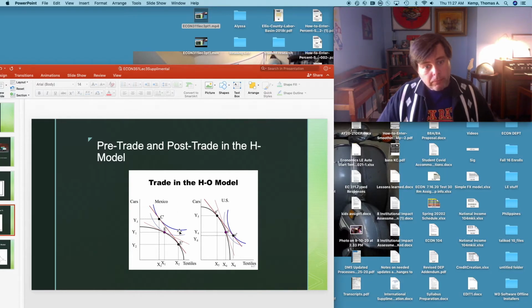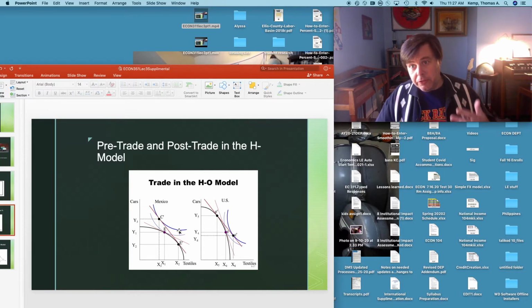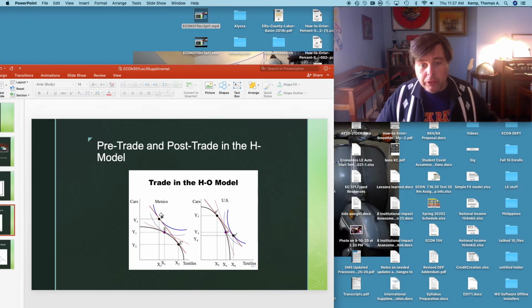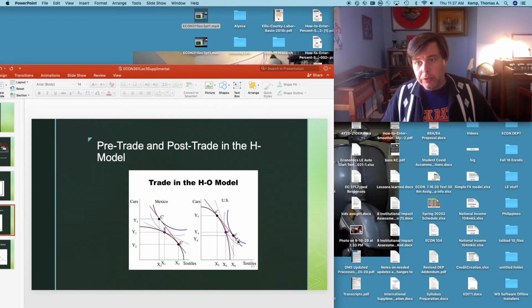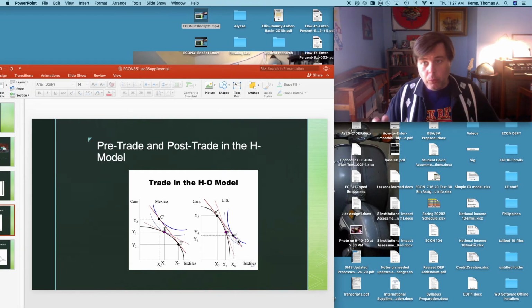So when we sketch the tangencies to the indifference curves, illustrated here and here by the dark blue lines, we find that with these tastes and preferences, this country, Mexico, ends up consuming at point C prime, and this country, the US, ends up consuming at lowercase c prime. Noting that, of course, both those consumption choices are outside of what would have been possible without trade.